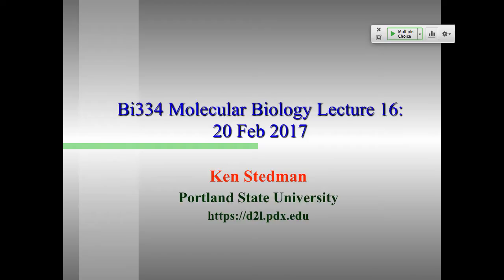Other questions? Again, feel free to email me, and I'll post on the discussion group as well. Yeah? So the question has to do with inosine being made from guanine or adenine. I actually posted something about that on D2L, so you can take a look there.